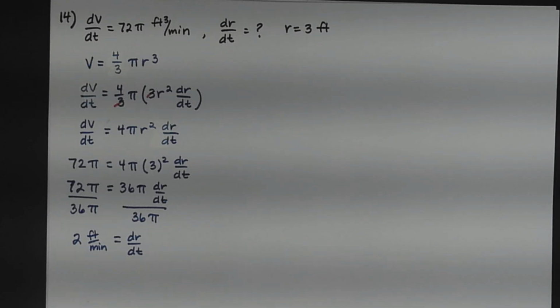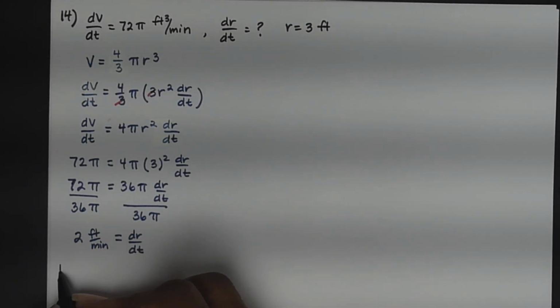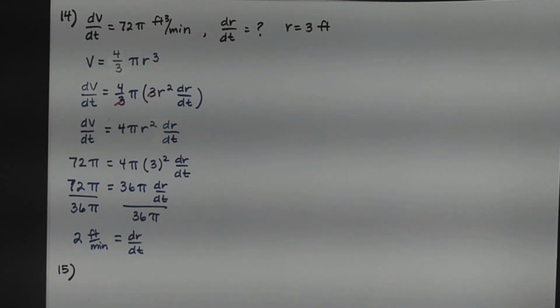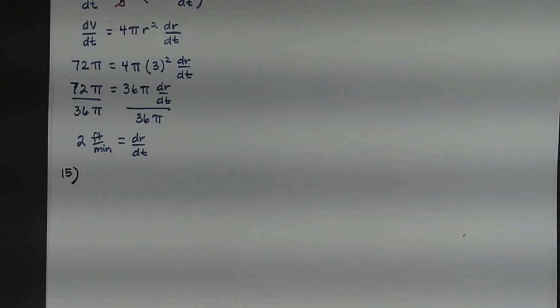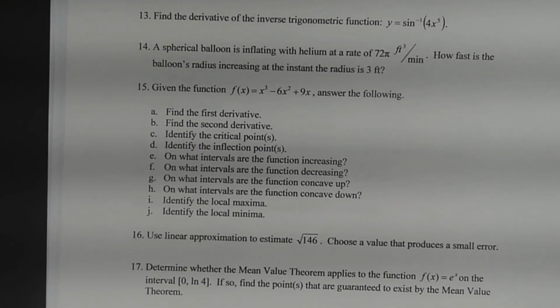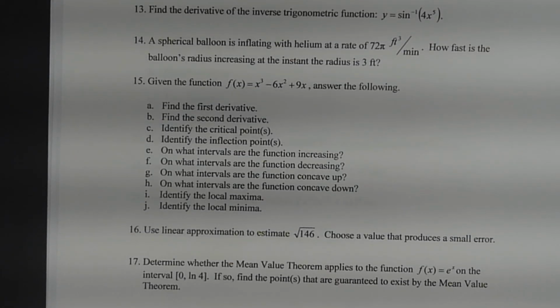All right, now problem number 15. This one has like 10 steps to it, so this might take a while, so bear with me. You're given the function f of x equals x cubed minus 6x squared plus 9x, and you're going to answer the following.